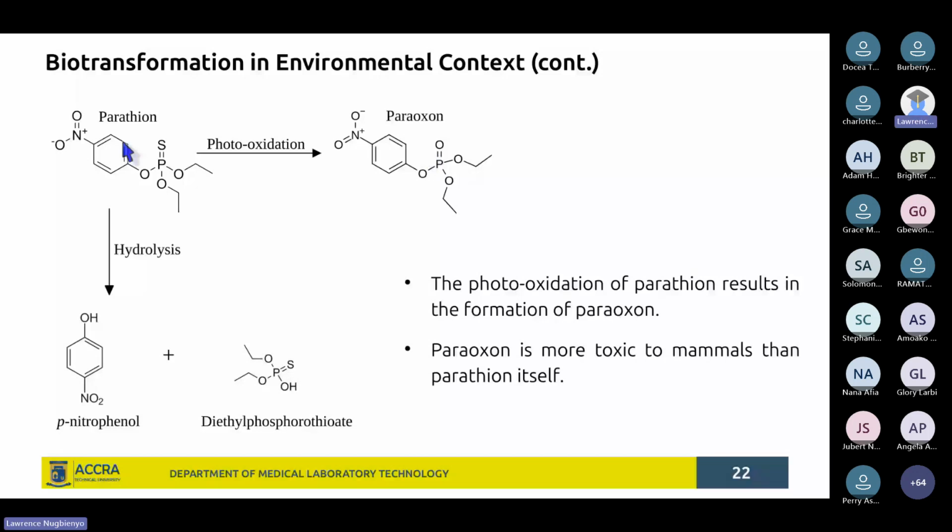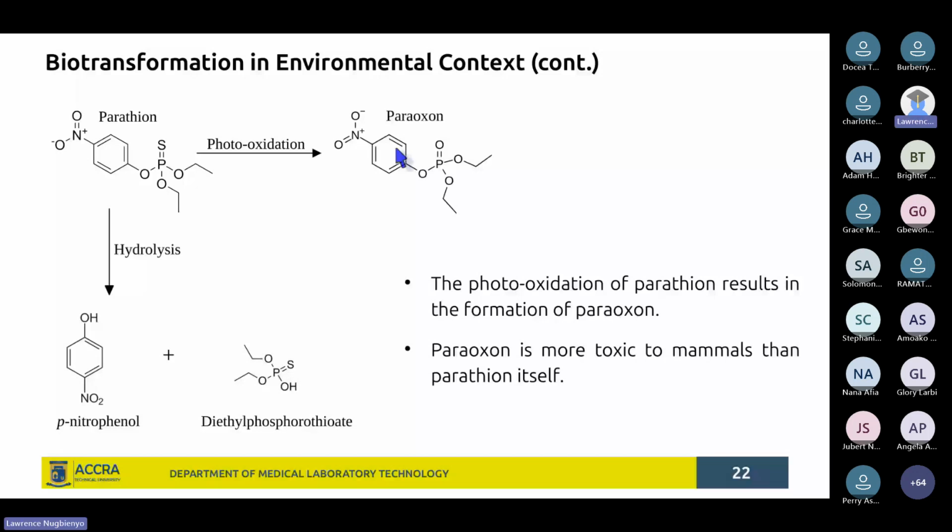So, a similar effect of a blockade of the acetylcholinesterase, which is to do with the inhibition of the nervous system.